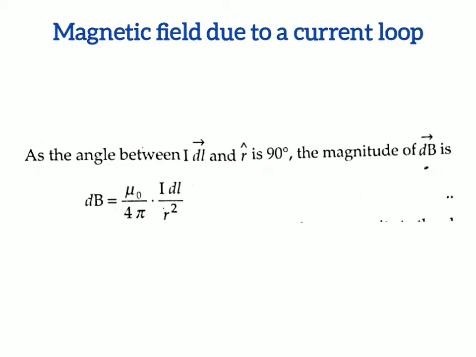Remember, IDL cross r cap is a vector product. It is equal to IDL r sine theta, where theta is equal to 90 degree in this case. Hence we have dB equal to mu naught by 4 pi IDL sine 90, which is equal to 1. Therefore IDL divided by r square. So that is the magnetic field at point P due to the current element at AB.